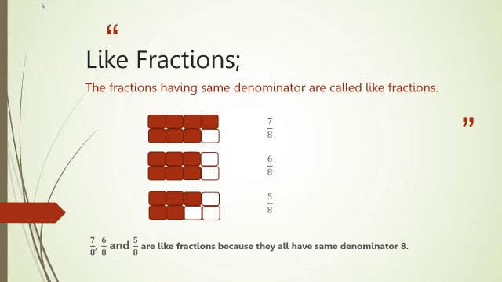Our third and last shape is showing the fraction 5 over 8 as it has been divided into 8 equal parts and out of 8 parts, 5 parts are colored. So here we can say that 7 over 8, 6 over 8 and 5 over 8 are like fractions because they all have the same denominator, that is 8.